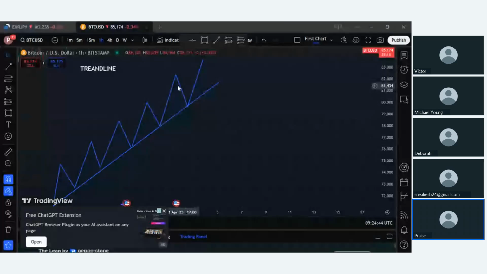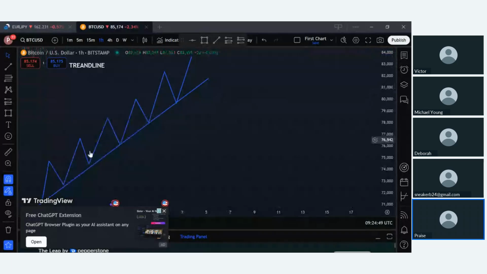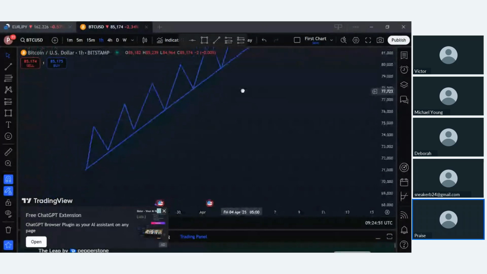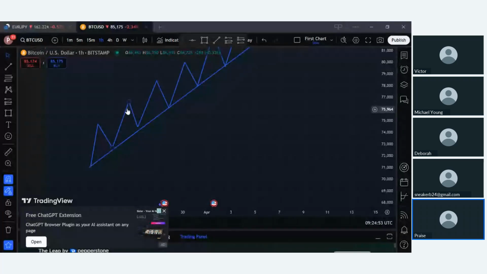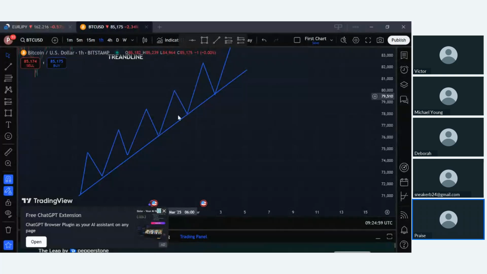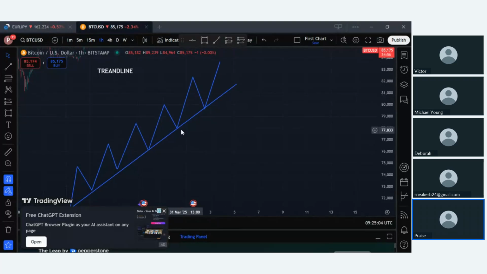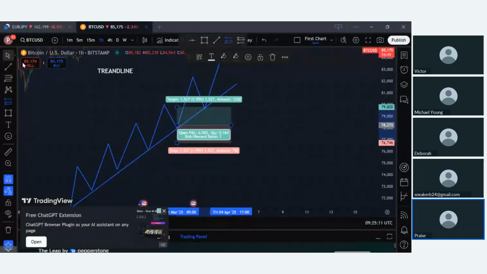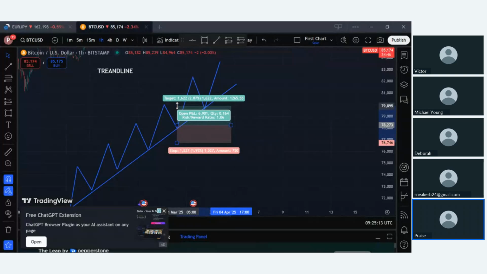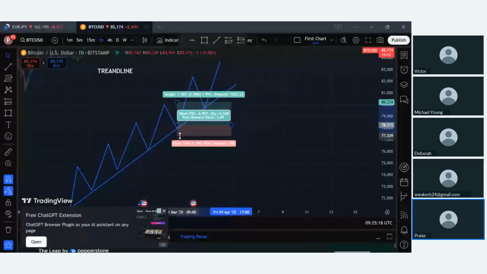Now, when we have this trend line, most times there will be fake outs, where some candles will protrude and return, right? But we saw that the first one came here and bounced, the second one came and bounced, this one came and bounced. So if the market should come, we expect it to bounce and give us another high. We can take an entry at this bounce, our take profit will be this particular high, and our stop loss will just be below the trend line.